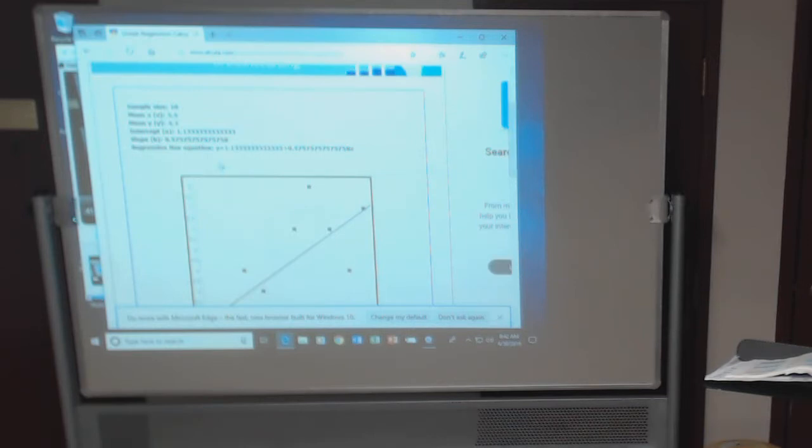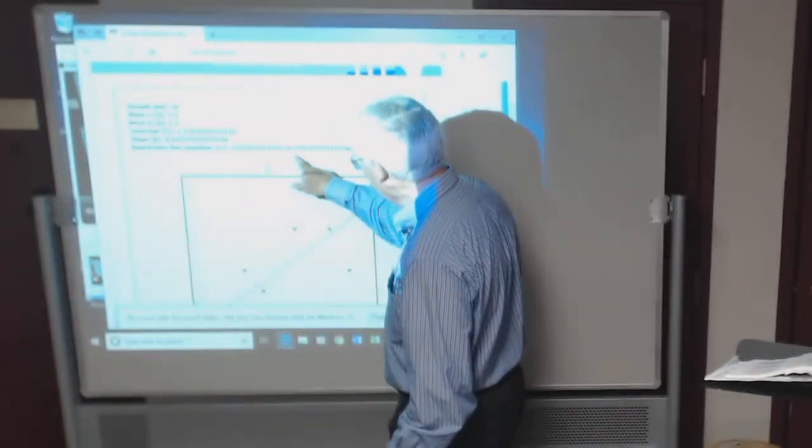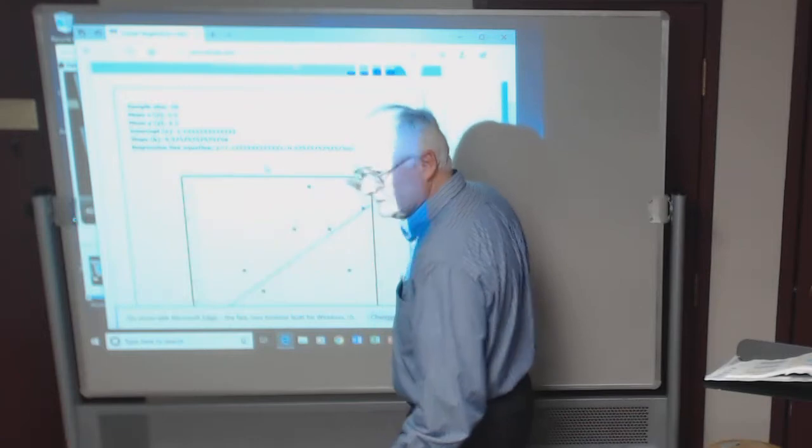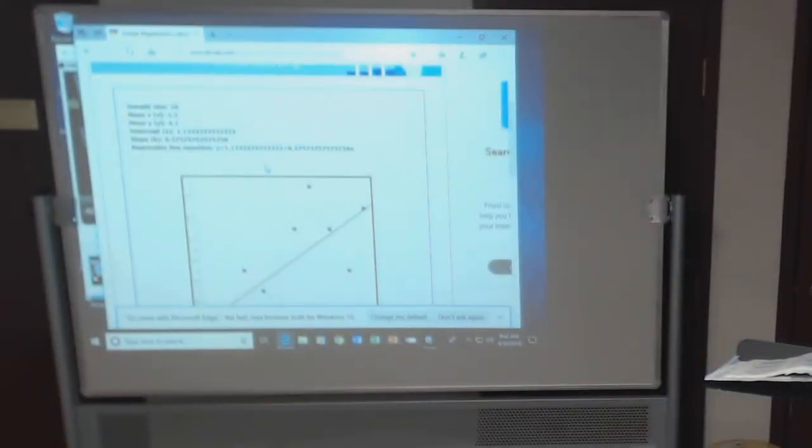And there's the equation. Y equals 1.13 plus 0.57 times x. You follow me? You don't have to write all the numbers out there. Everyone see where I'm getting that? Y equals 1.13 plus 0.57 x. Because it said find the regression line, so I've just got that equation for the regression line.